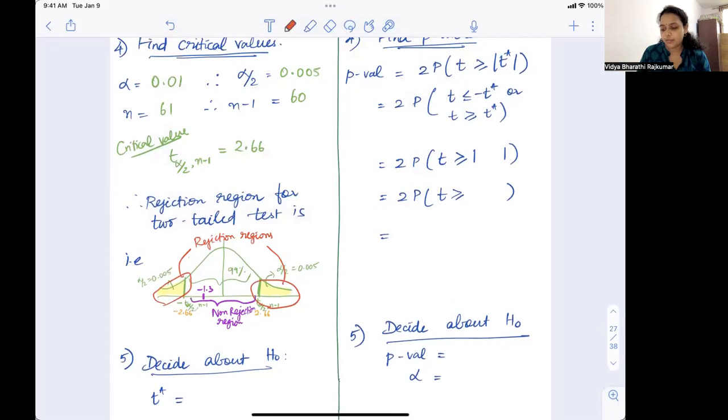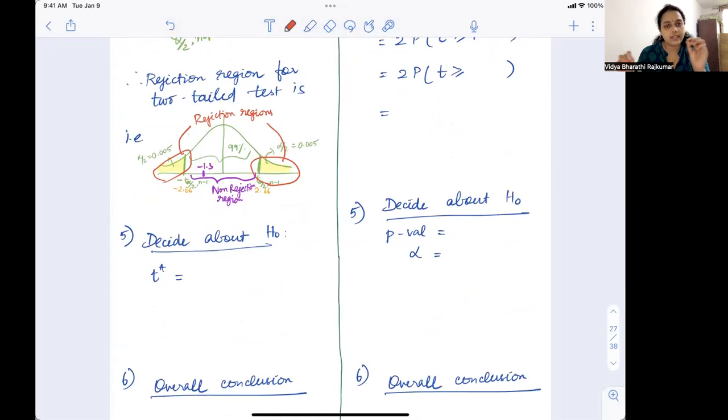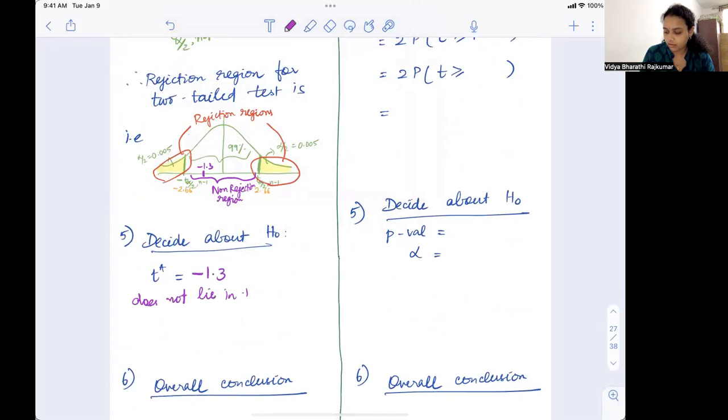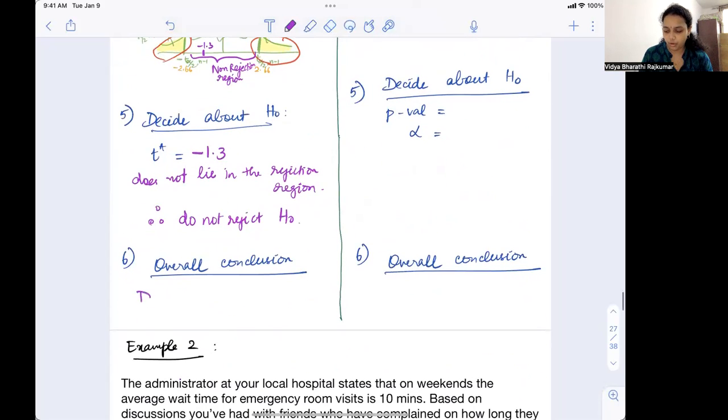Because my T star is not in the rejection region, it was minus 1.3, and 1.3 does not lie in the rejection region. Therefore, do not reject the null hypothesis. And that's my overall conclusion. Do not reject null.